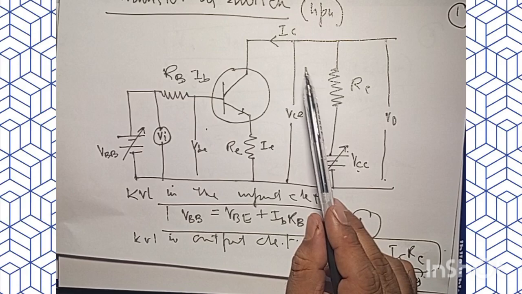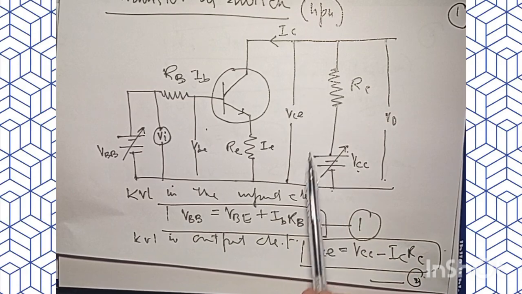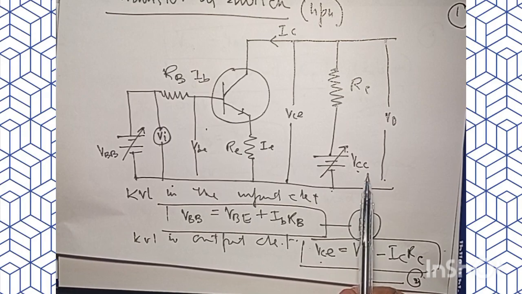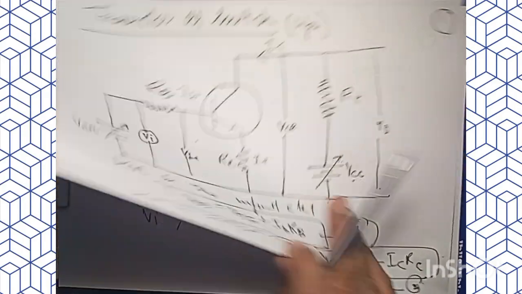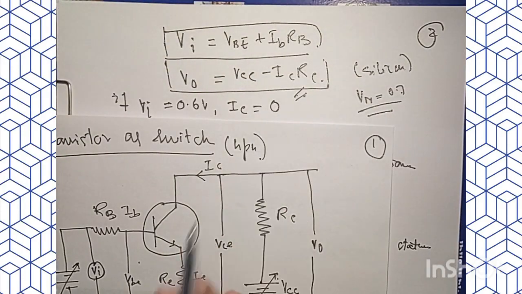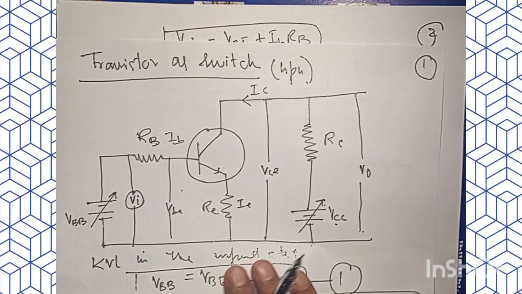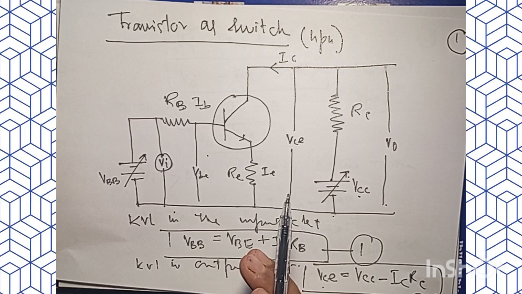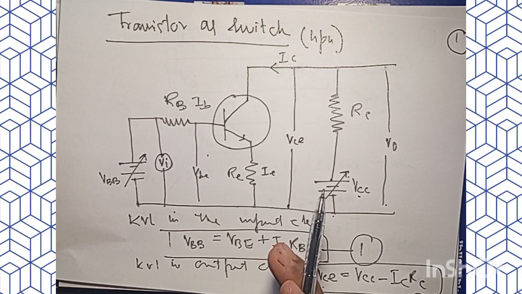And VCE, the collector emitter voltage, is going to be equal to 0 from this equation point of view, right? So in this case, the transistor comes in a state of saturation, and the transistor acts as a closed switch, or I can say it acts in the on state.